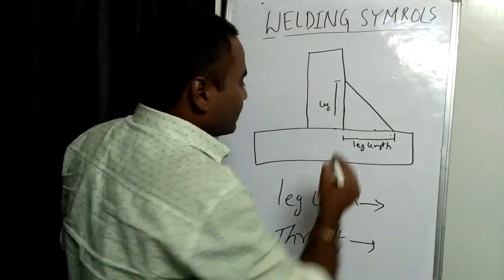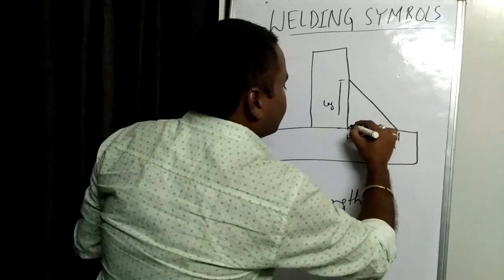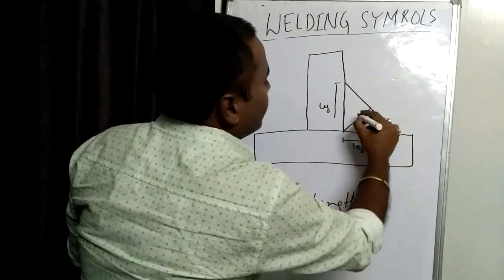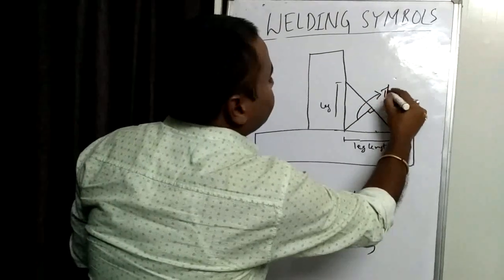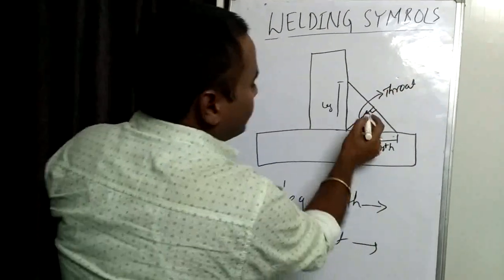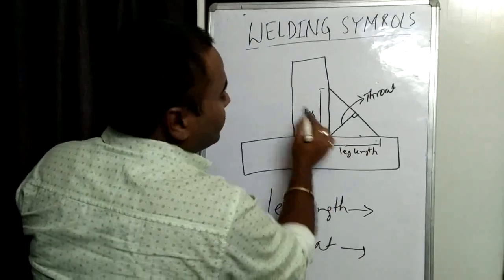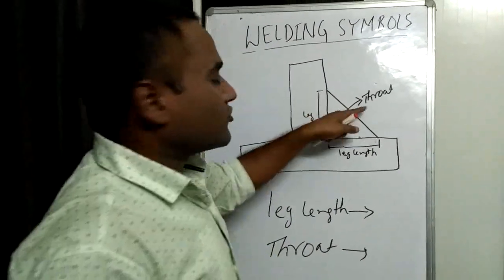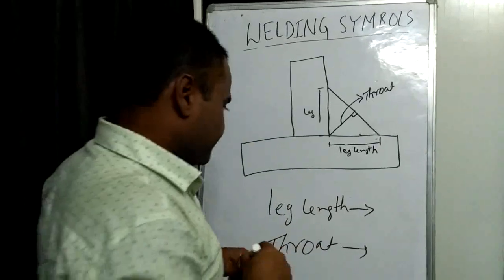And what is a throat? The line perpendicular to this is the throat. So this is a throat and this is your leg. So in ISO system, either leg length or throat, or both can be shown.